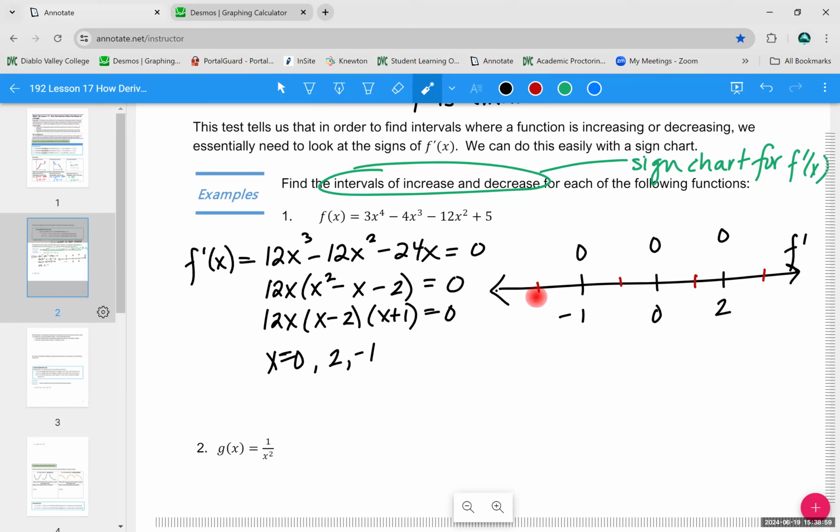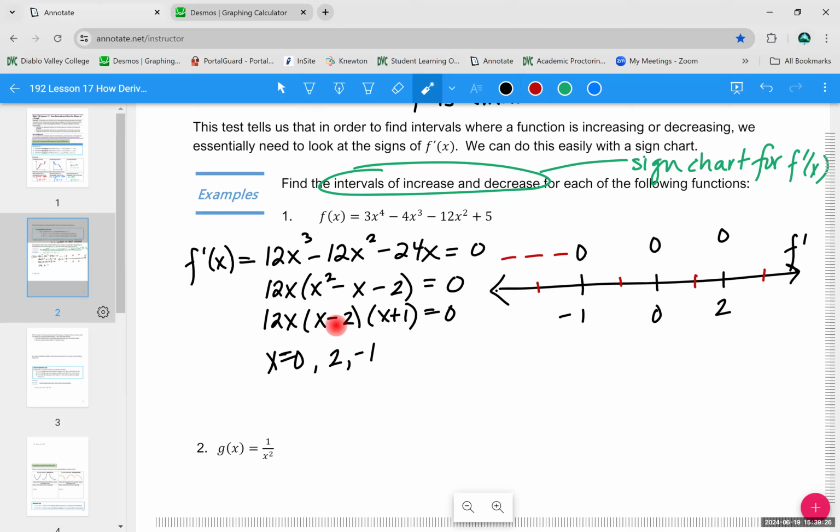So if I plug in something less than -1, like -5, this will be negative, negative, and negative. So negative times a negative times a negative is negative. So I put a negative over that interval to indicate that the derivative is negative there. Then I'm going to plug in something between -1 and 0, so -1/2.